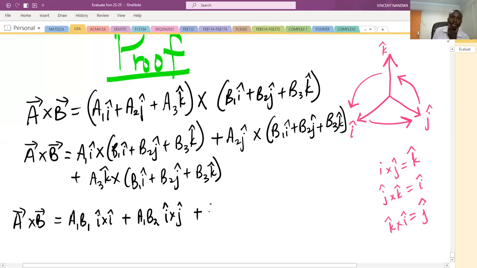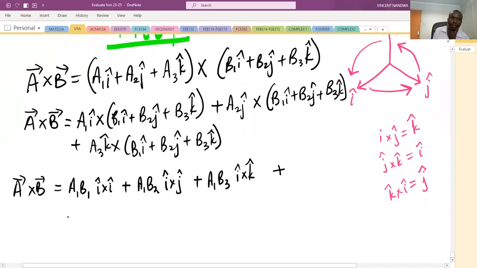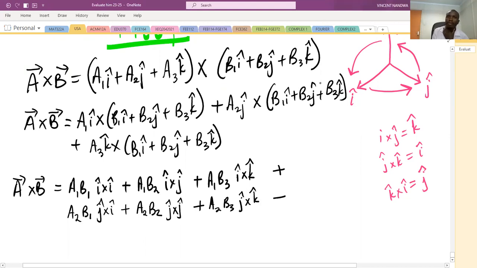And then plus A1, B3, i cross k. So you are done with this part. Plus, next will be A2, B1, and then j cross i, plus A2, B2, j cross j, plus A2, B3, j cross k.